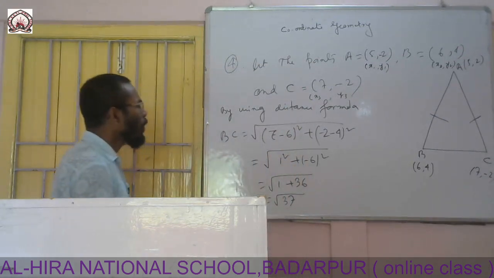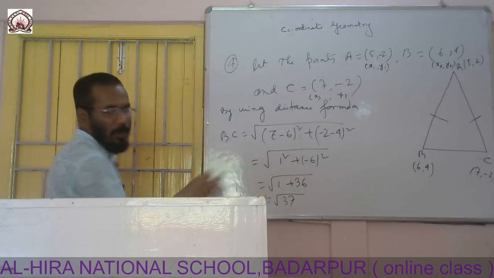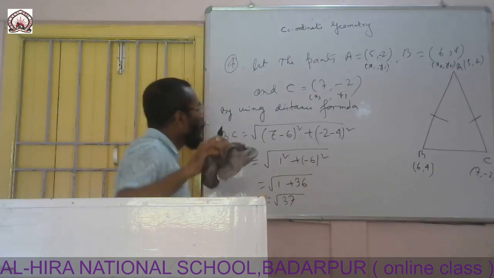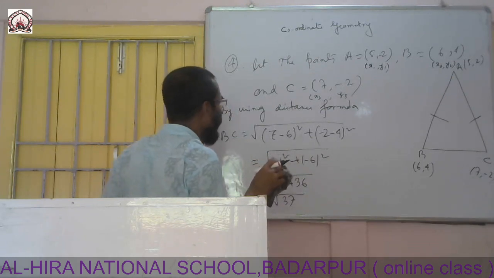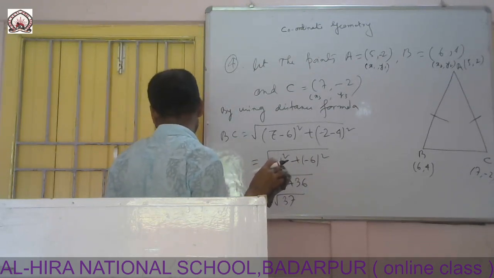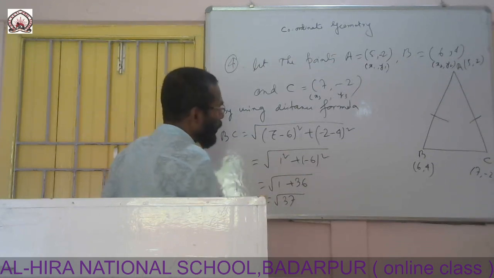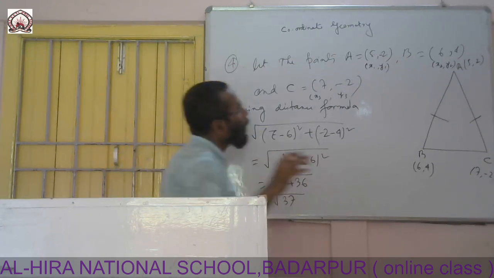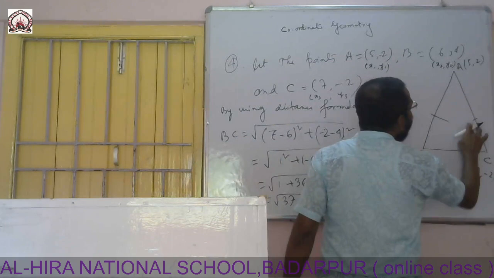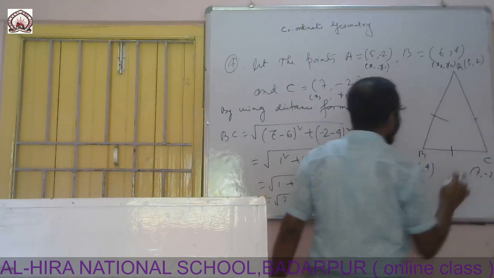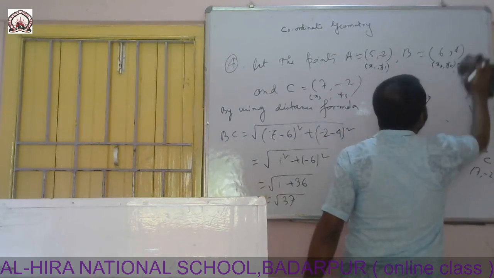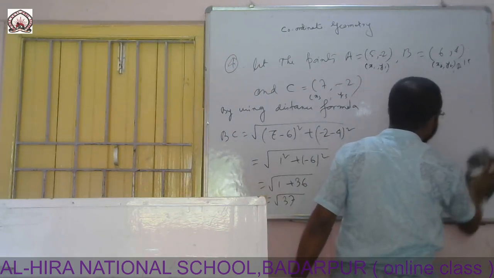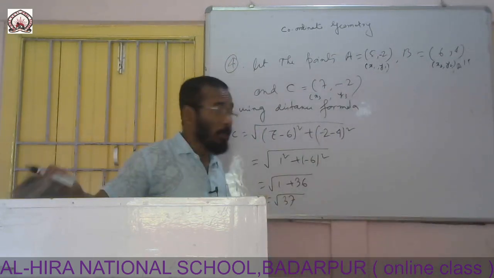Then also we are finding CA. So we are getting AB, BC, and then CA.